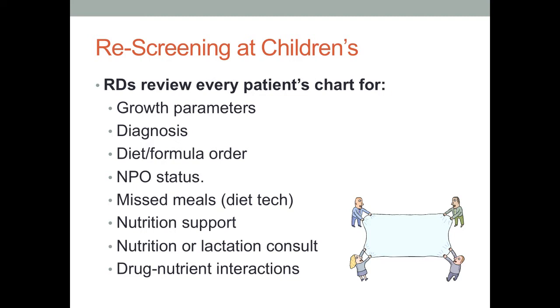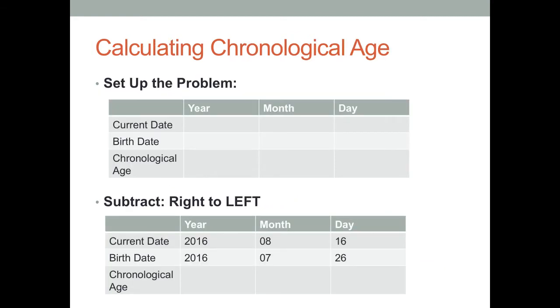And so they're looking at growth parameters, at the diagnosis, the diet and formula order, if it's maybe something that's concentrated or specialty, how many days they've been on PO, if they've been missing meals, like if the diet tech notices they've not been eating, if they're on nutrition support, if they have a nutrition or lactation consult, and also if they have drug-nutrient interactions. So as the little picture on the slide shows you, this is kind of their second way of catching anybody who fell through the cracks on the initial screen.